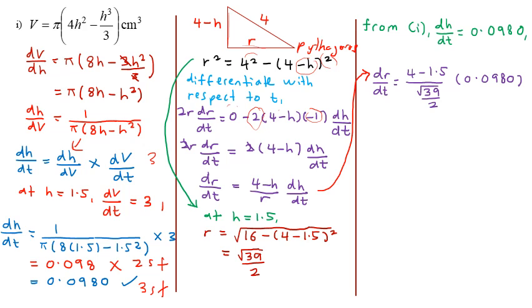Okay, and then straight away we can find the value of dr/dt. That is 0.0785. Right, so this time for this example, I don't put the unit. As I said before, the unit is not compulsory. You can still get full marks for the final answer without putting the unit. Okay, no problem.